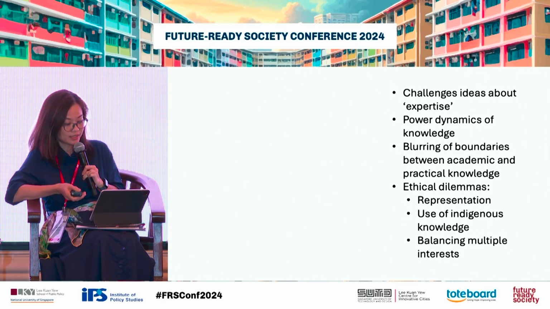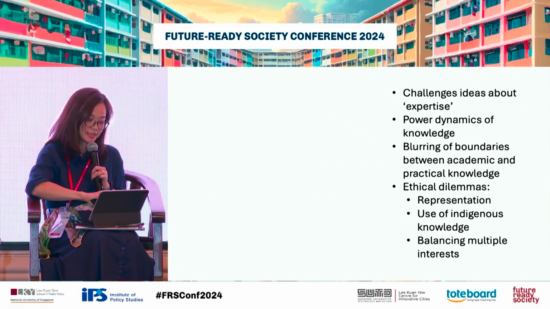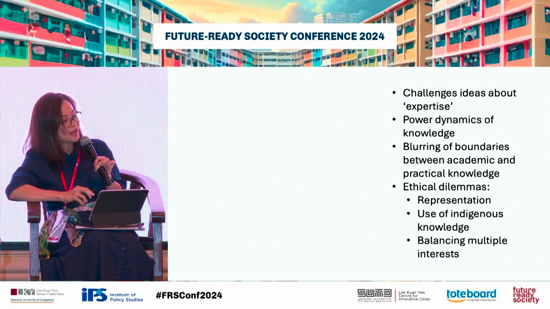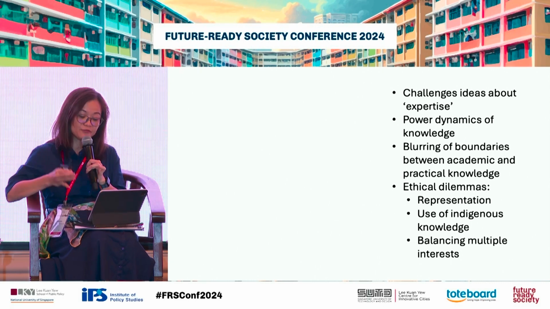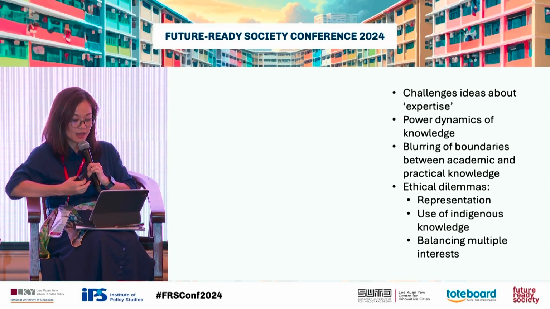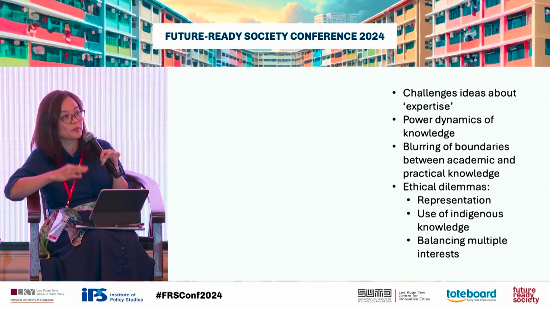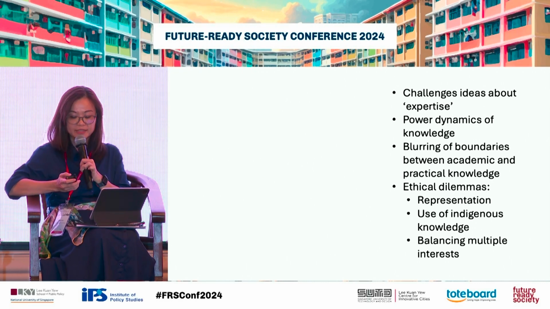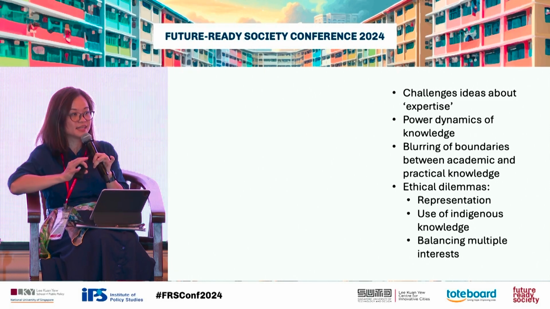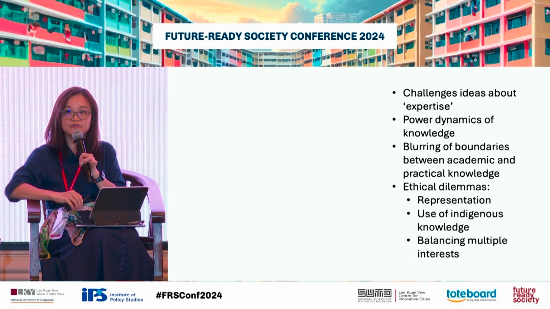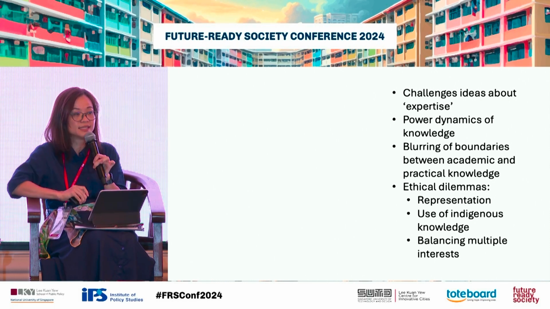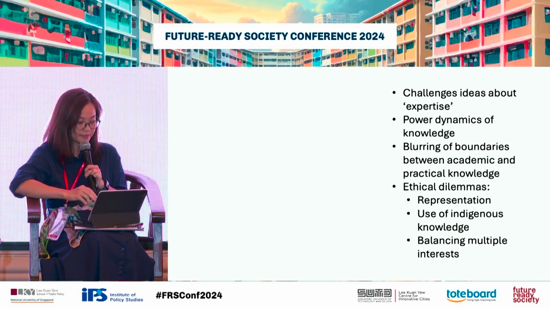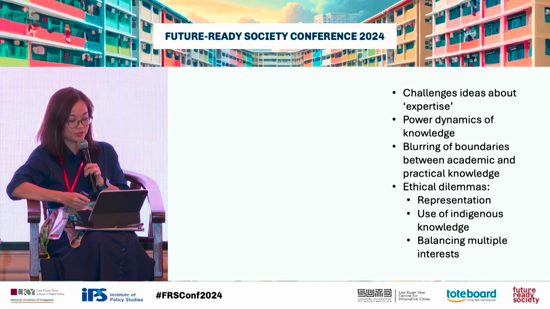And essentially, in doing so, argue that, I think Justin used the word expert mentors, right, or knowledge mentors, have this role in terms of facilitating how knowledge comes together, how community comes together, but also argue that these people, these agents, right, working in the community also have very important ethical dilemmas they need to confront, including how they represent the communities that they work with, how they use indigenous knowledge that comes from community, and also how they balance public interests.